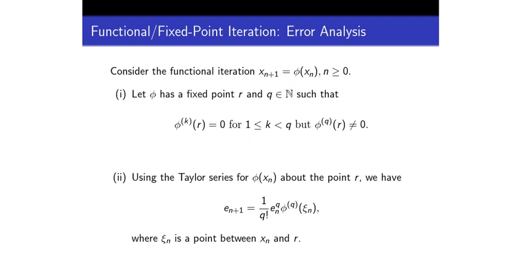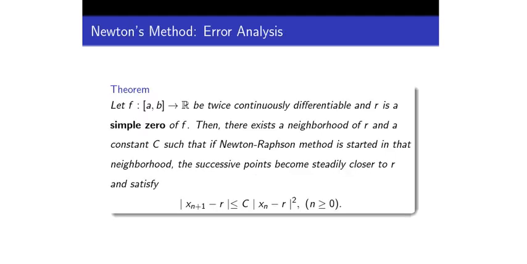So using the Taylor series for phi of x_n about the point R, we have the following, where z_n is a point between x_n and R. With the help of this, you can discuss the error analysis for Steffensen's method as well as for Newton's method. Okay, right. So this is a very simple application: let f from [a, b] to R be twice continuously differentiable and R a simple zero of f.